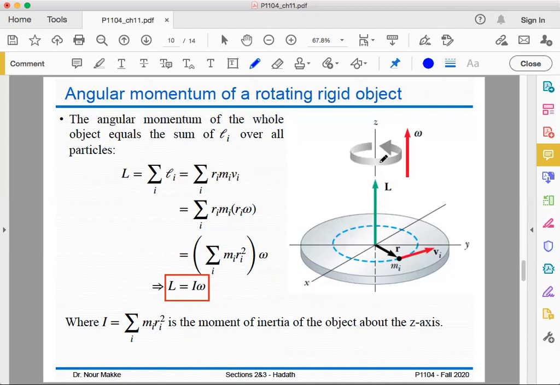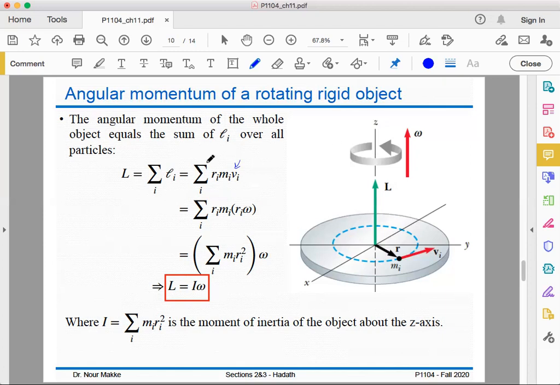But now since the object is making a rotation, it means all the particles have different linear speeds vi, but they have the same angular speed omega. We have seen that when we are dealing with a rigid body rotating about a fixed axis, rigid body meaning non-deformable, all the particles move with exactly the same angular speed.